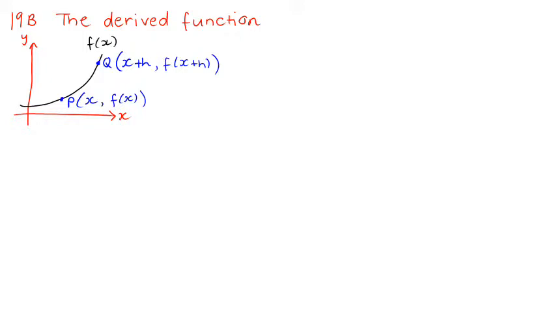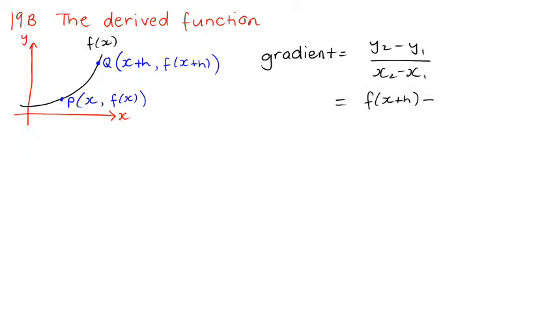So what we saw is if we wanted to find the gradient of the chord that connects them, the gradient was y2 minus y1 over x2 minus x1, as it always is, which in this general term is f of x plus h minus f of x, over x2, which is x plus h, and then minus that one.